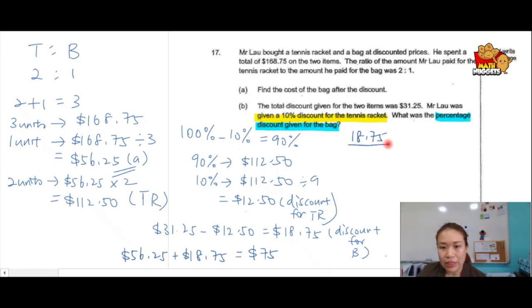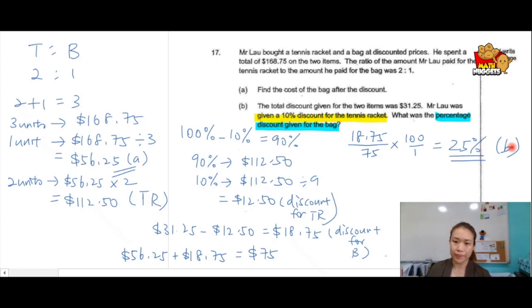So now we take the discount out of the original price of the bag times 100. This gives us 25%. This is the answer for part B.